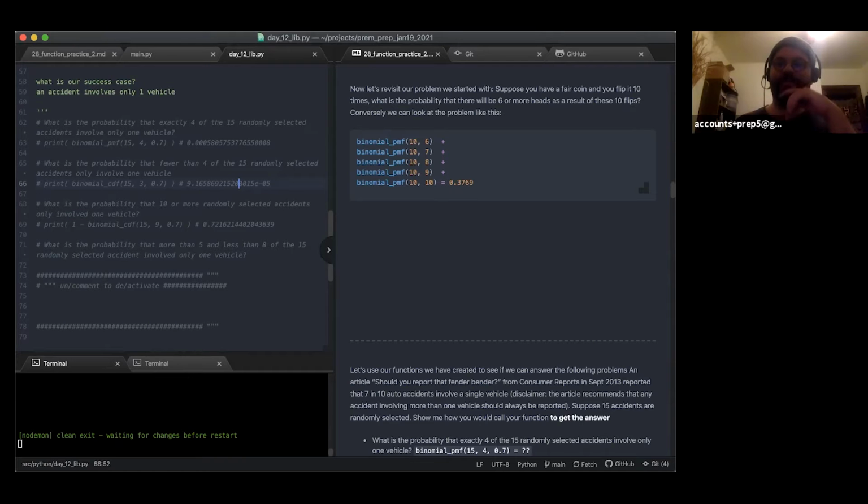So more than 5 and less than 8. That's the sum of the PMFs with k values 6 and 7, right?